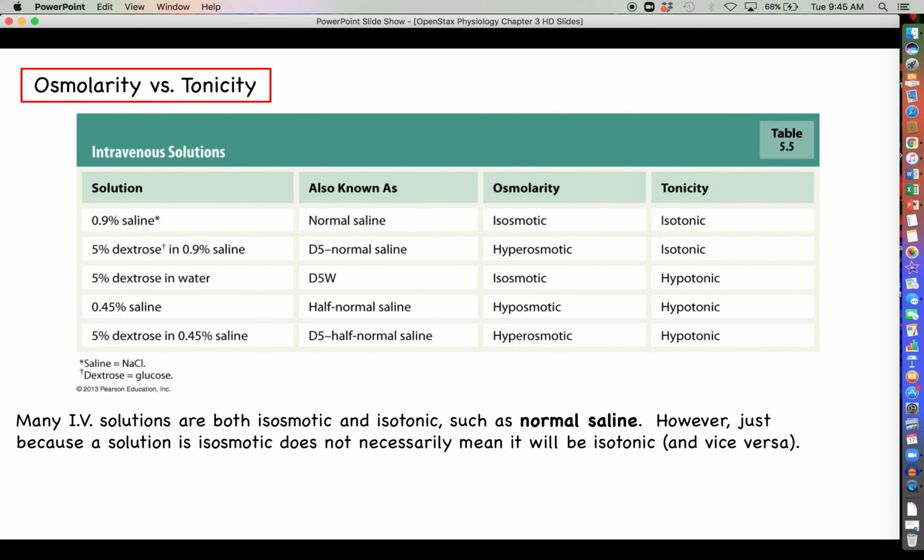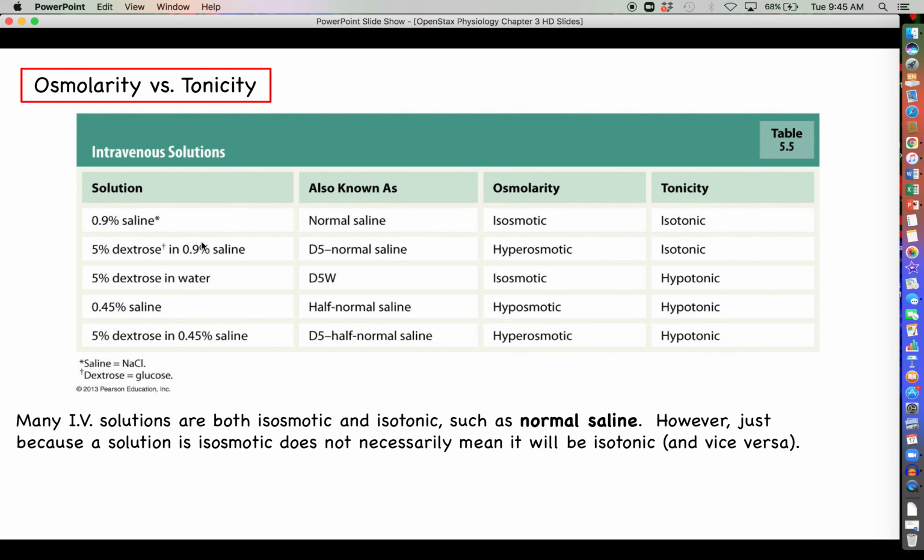Well, the explanation comes from what happens to glucose in the bloodstream. Glucose does not stay in the bloodstream for very long. What's going to happen is your patient is going to start secreting a little bit of insulin, and that insulin will act as a signal telling cells in the body to take up that glucose from the blood, and that glucose will move into the intracellular fluid of those cells, meaning that that dextrose is not going to be a part of the bloodstream for very long, so we would mostly ignore it in the osmolarity calculation.